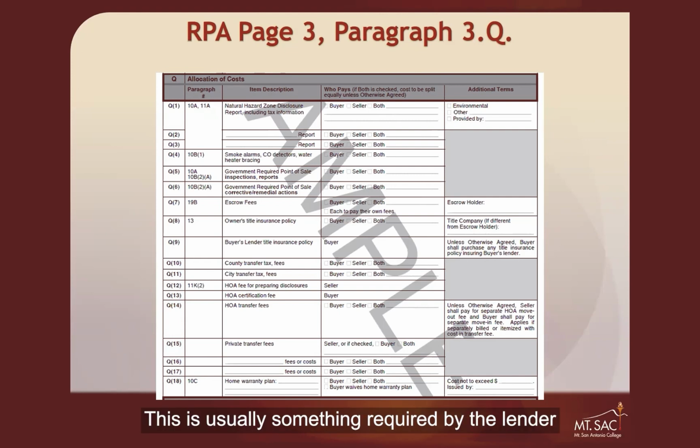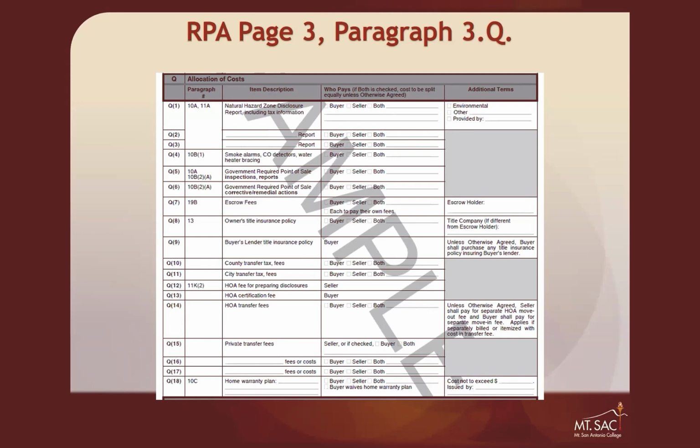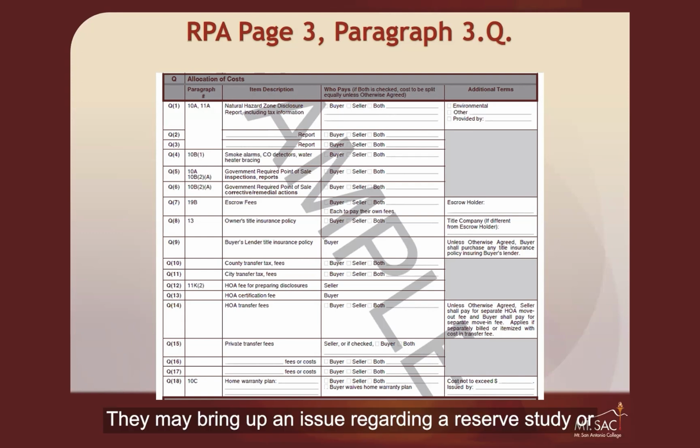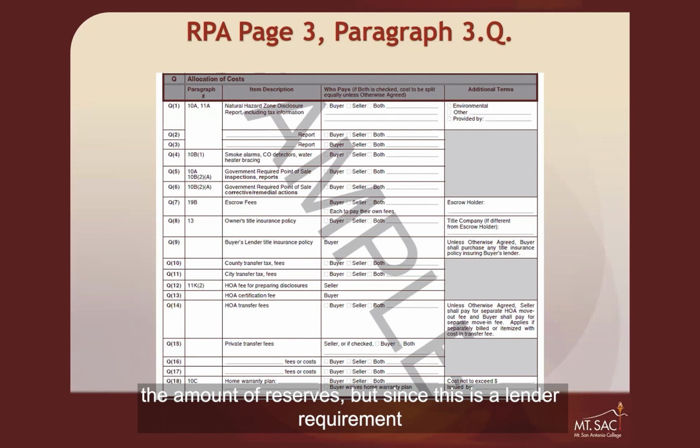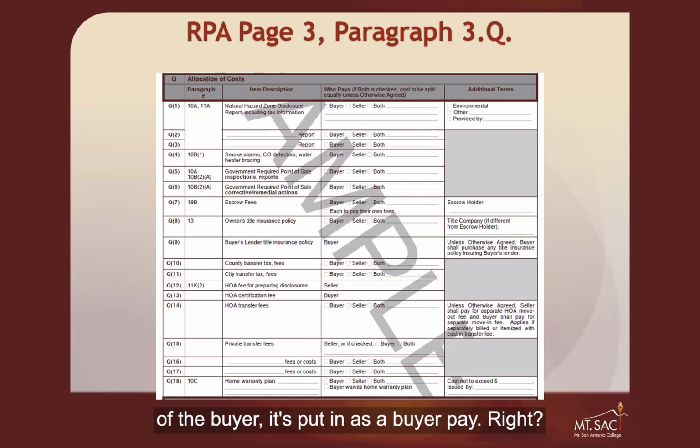This is usually something required by the lender to make sure the property is in compliance. You know, sometimes lenders want to make sure, like in a condo complex, you've got a certain percentage of owner occupants. They may bring up an issue regarding a reserve study or the amount of reserves. But since this is a lender requirement of the buyer, it's put in as a buyer pay, right?